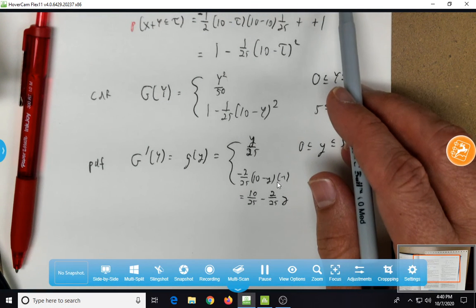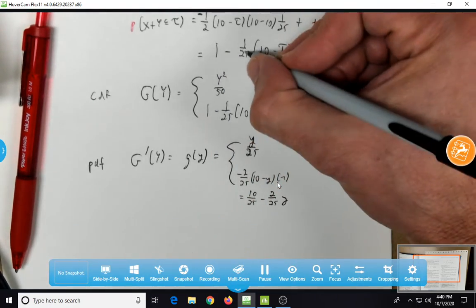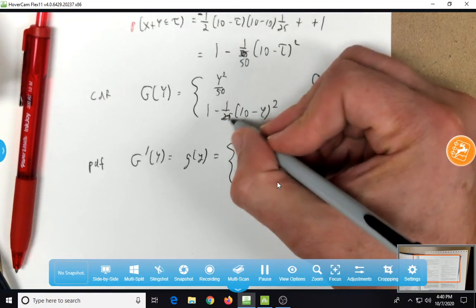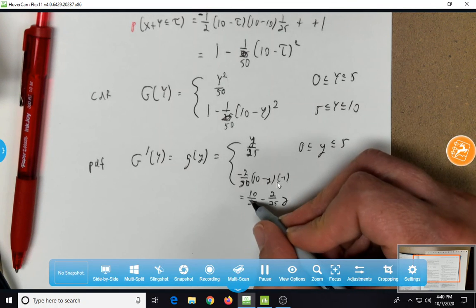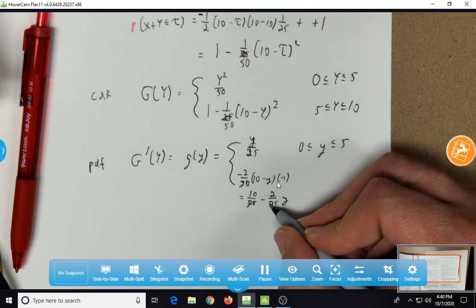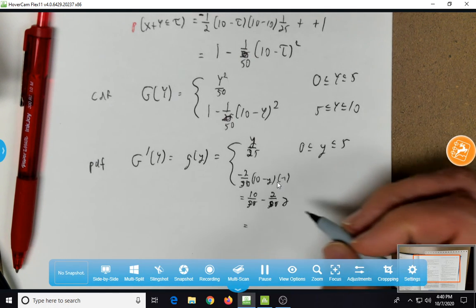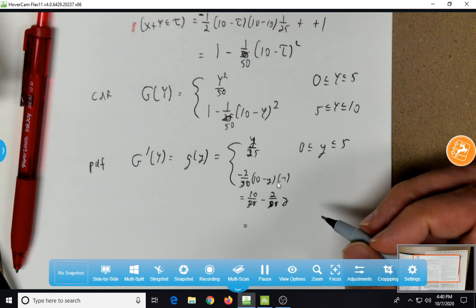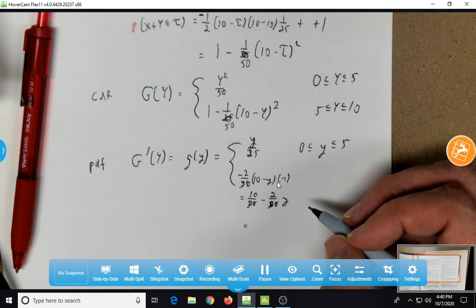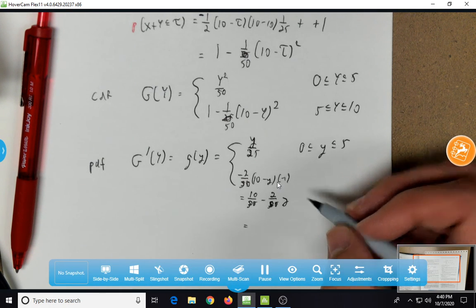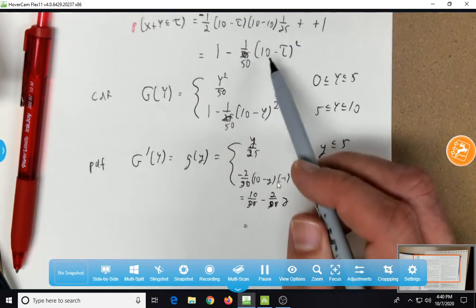And I think I forgot the 50th part, because 1 over 2 times this should be 50, and 1 over 2 times this should be 50. So this should be over 50, this should be over 50, this should be over 50. Let's see, the 1 over 25 goes there, (10 minus y) squared.